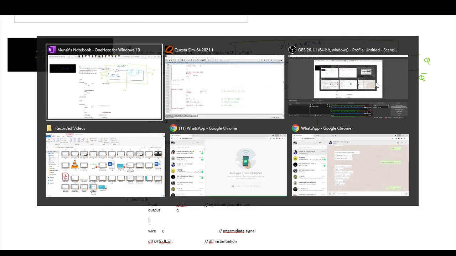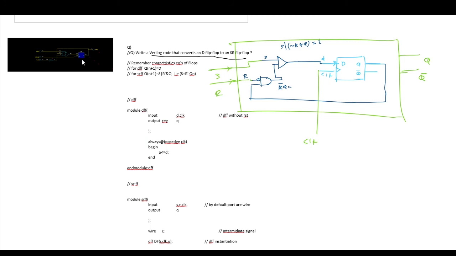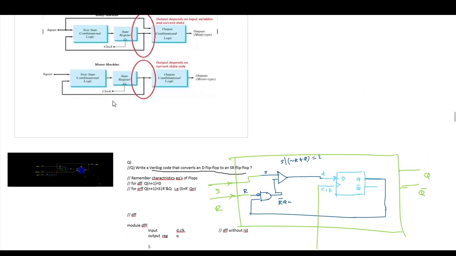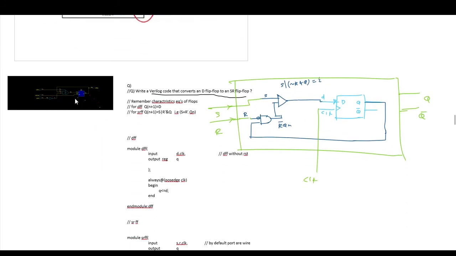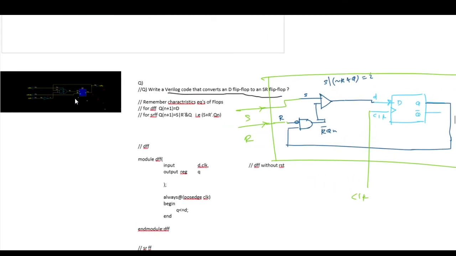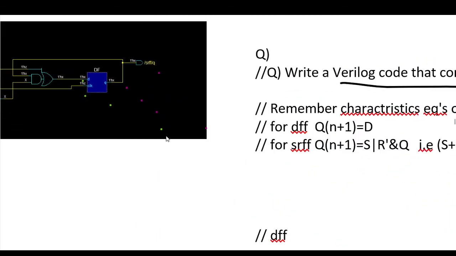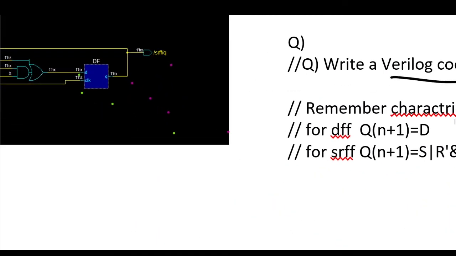And after synthesis, if you do the synthesis for that, you will get the same diagram. Actually the diagram is not visible here. If we zoom it, you will get the output something like this, okay.